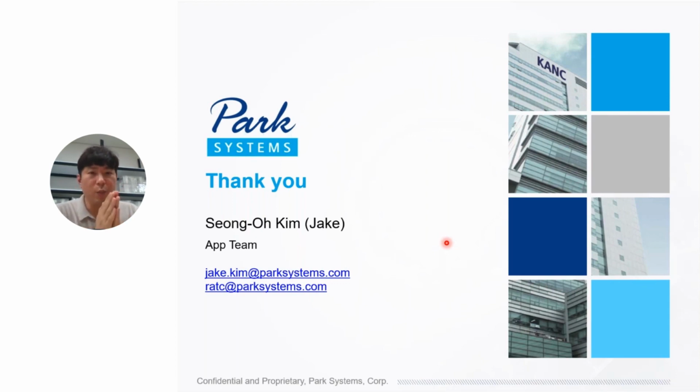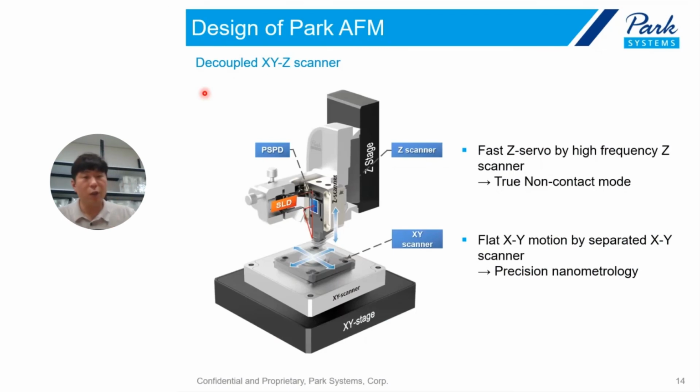Okay, yeah. So in our system, this XY and Z scanner is decoupled, so we have quite a fast Z servo response. It means we can make it truly non-contact.